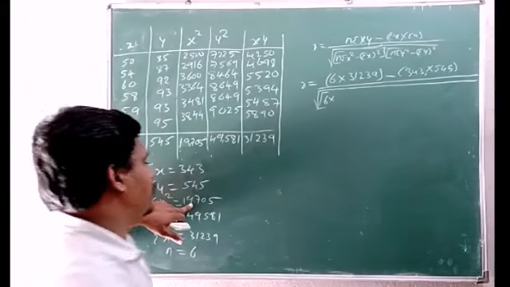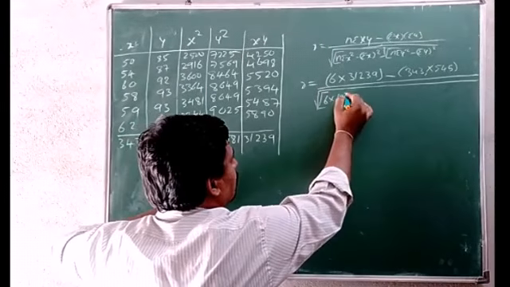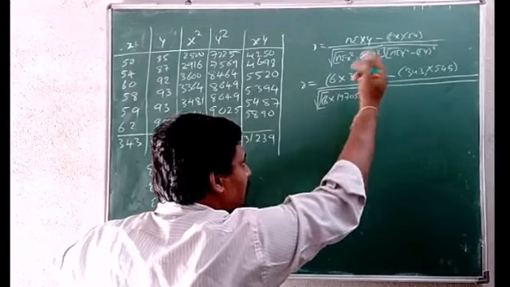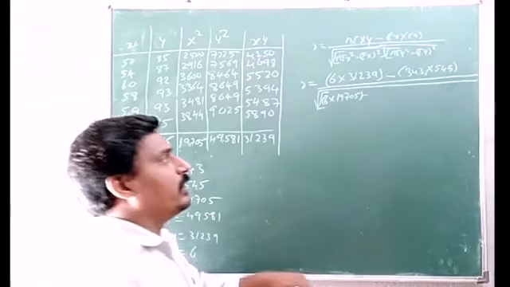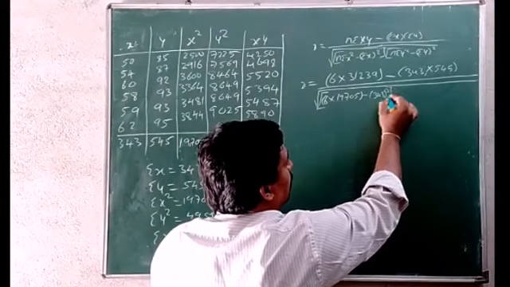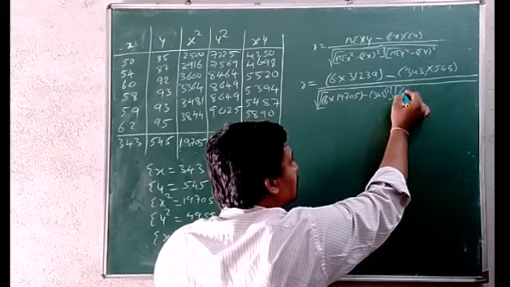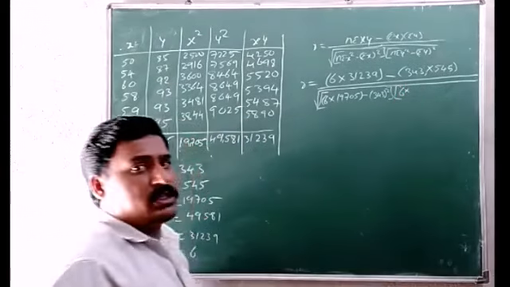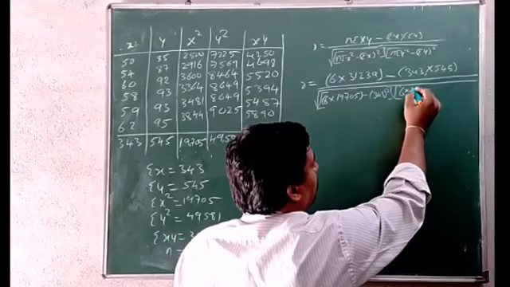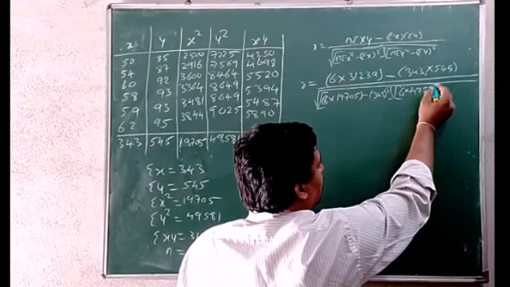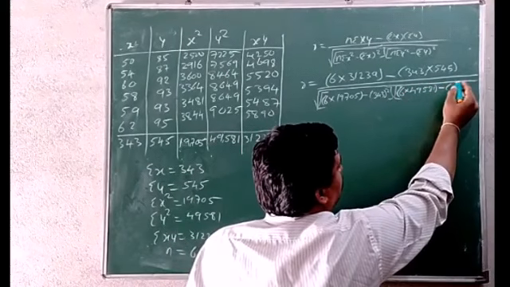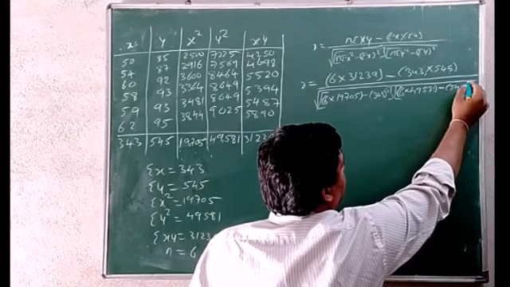Summation x square is 19,705 minus summation x whole square, that is 343 whole square, into bracket 6 into summation y square. Summation y square is 49,581 minus summation y whole square, that is 545 square.